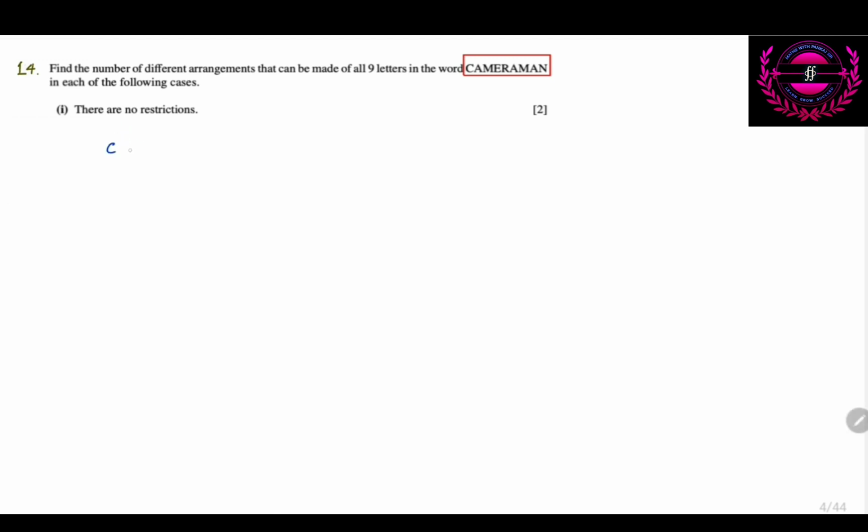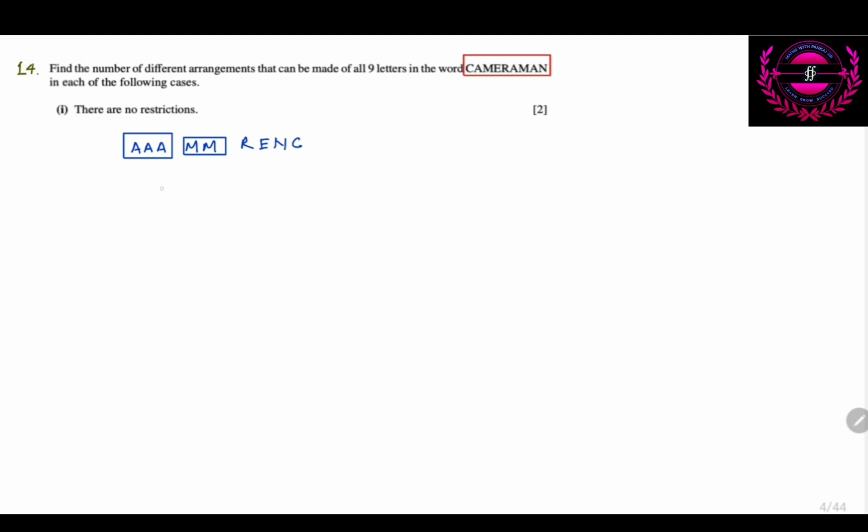So I have C, A repeating 3 times, and then M repeating 2 times, and then I have R, E, and N. So I have 3 A's which are repeating and 2 M's which are repeating.